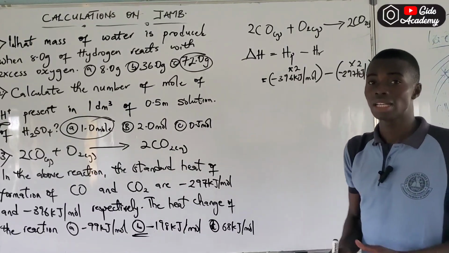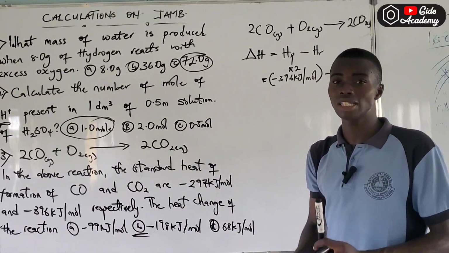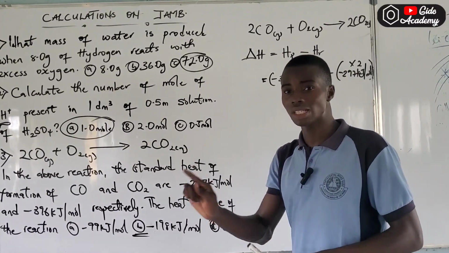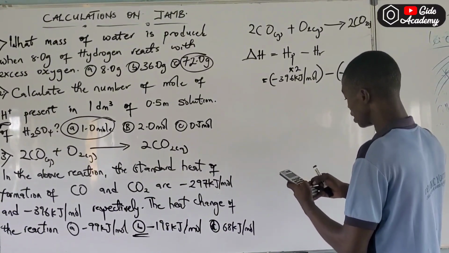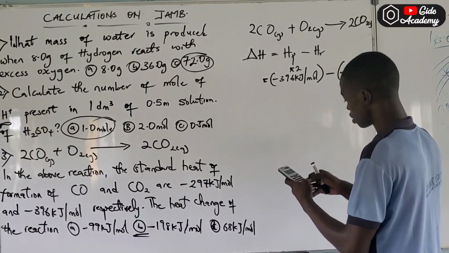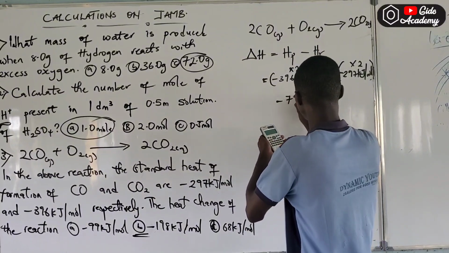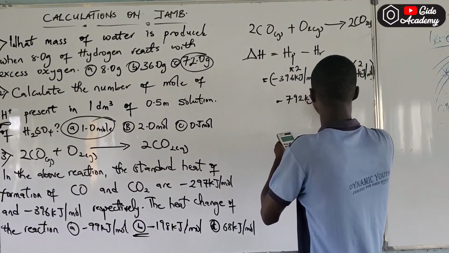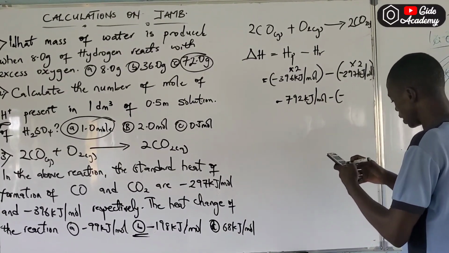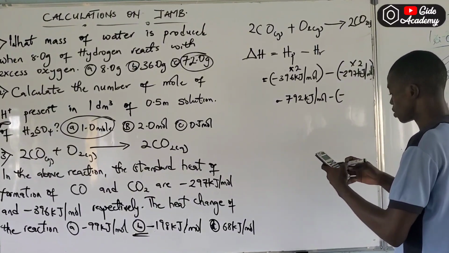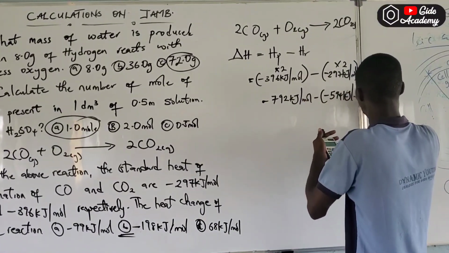Because if the equation is not balanced, the answer that you might get might be here, but it is very, very wrong. So please, it's not about you getting an answer, it is about you getting the correct answer. So let's try this. If you have minus 396 times 2, we have minus 792 kilojoule per mole, minus, then let's try this, 297 times 2, we have minus 594 kilojoule per mole.